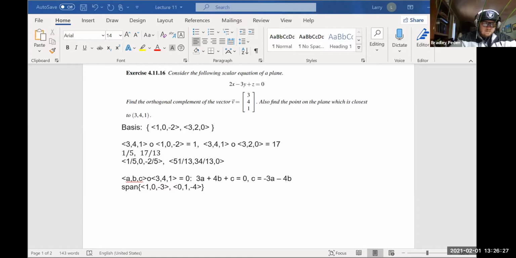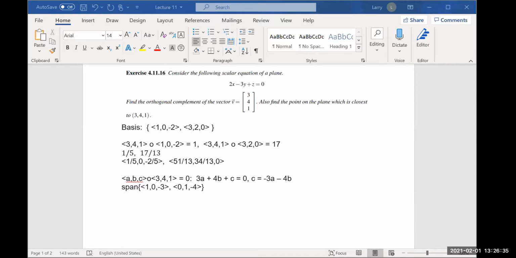It starts with a P. That's a hint. Projection. Yeah. So we want the projection of this vector onto the plane. Any questions on that?